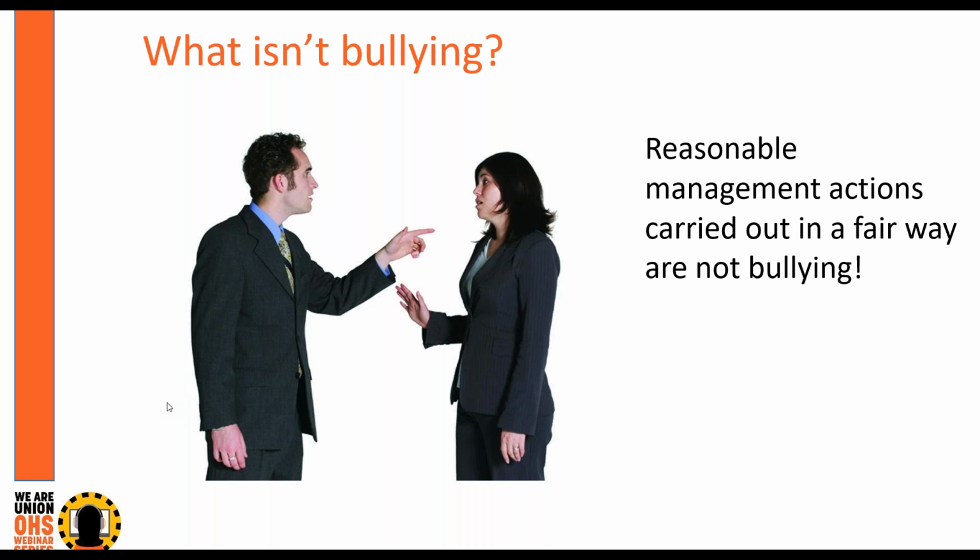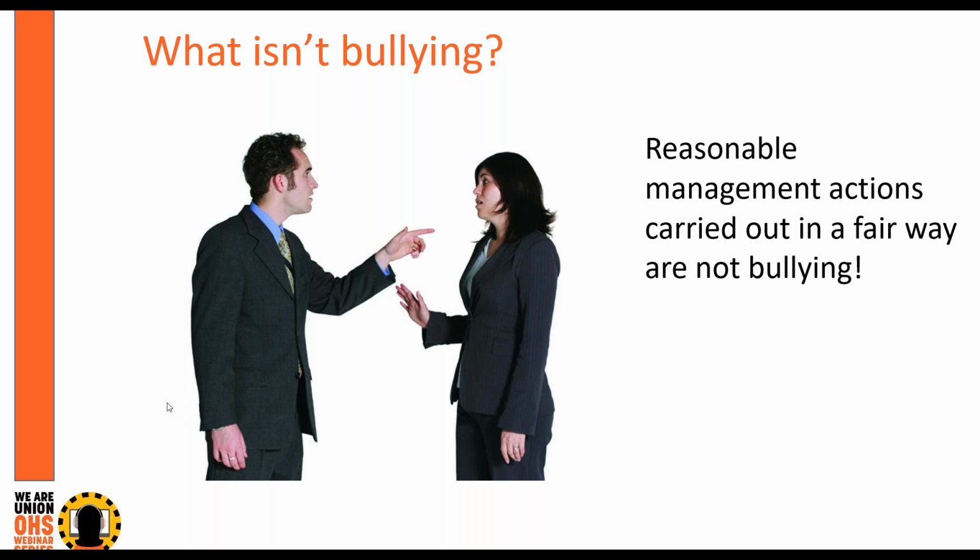And some examples of this would be setting performance goals, standards, deadlines, allocating work to a worker, rostering and allocating work hours, transferring a worker, deciding not to select someone for promotion, telling a worker about unsatisfactory work performance or inappropriate behaviour, implementing organisational change, performance management, constructive feedback, and downsizing.